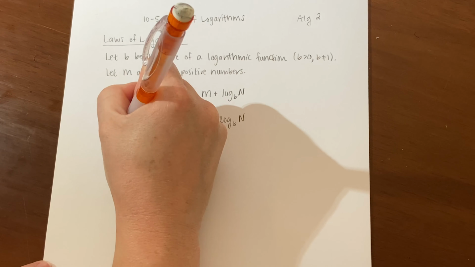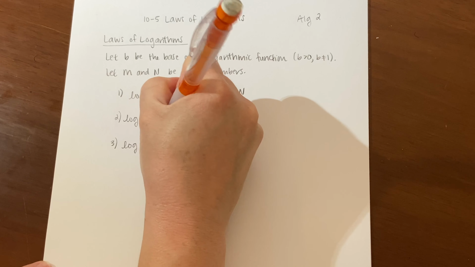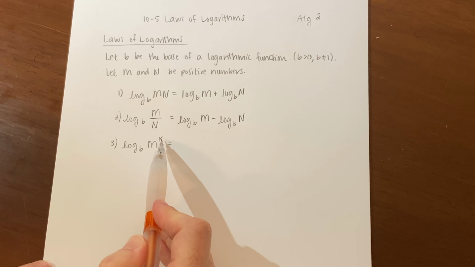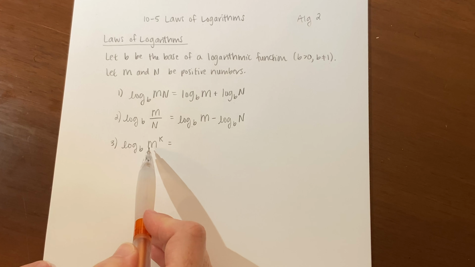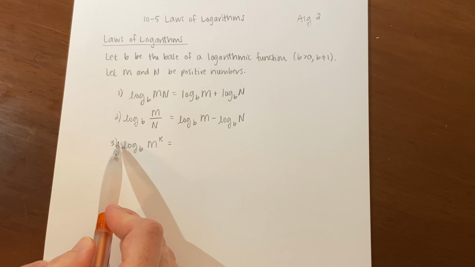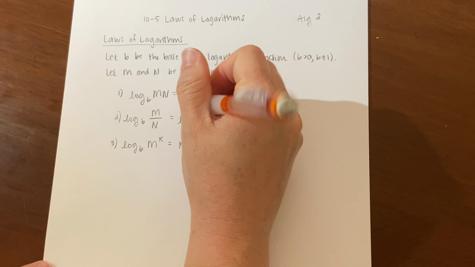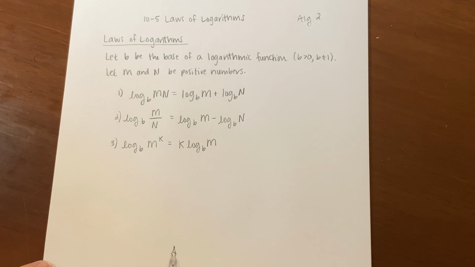If we have log base b of m being raised to the k power, this k is an exponent on this m. What we can do with exponents is we can actually bring them to the front of the log and make them multiplication. So this becomes k times the log base b of m.